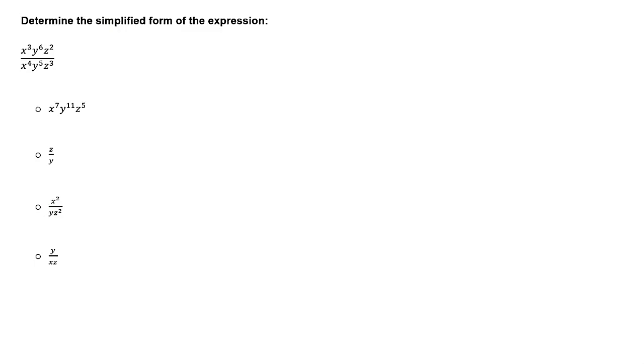Another way to write this is x to the third, because that's up here in the numerator, minus the denominator x exponent, which is 4, times y to the sixth minus 5, times z squared minus 3, following the same pattern.